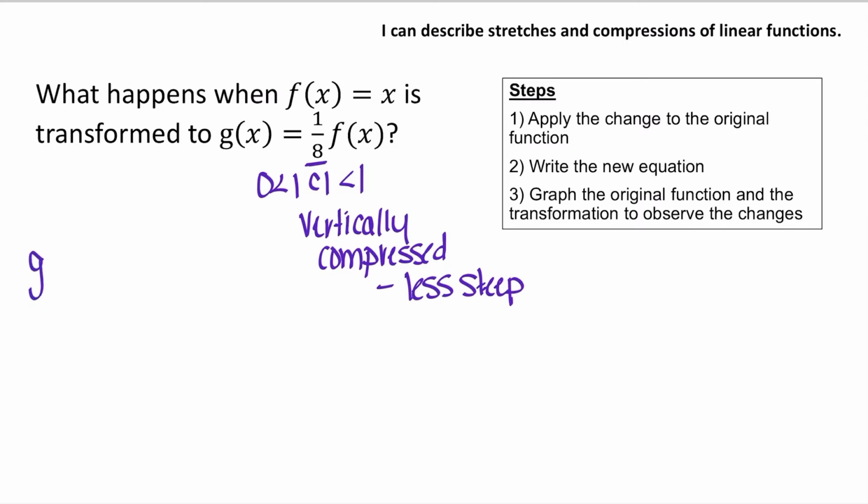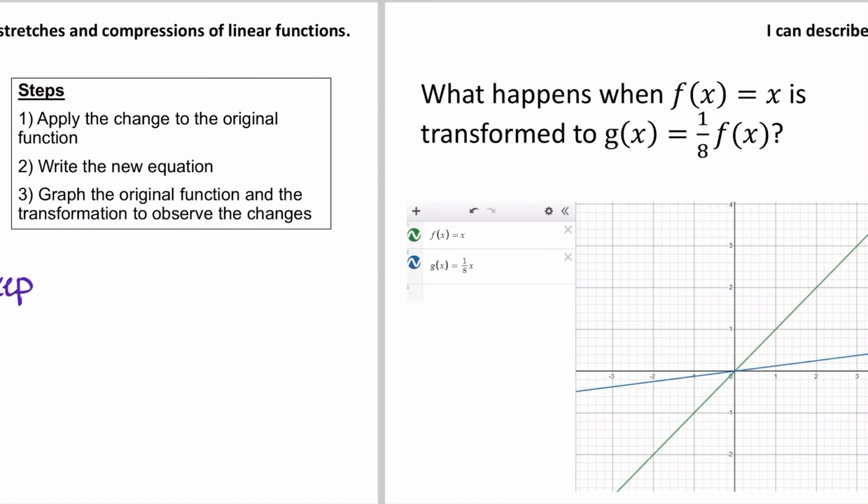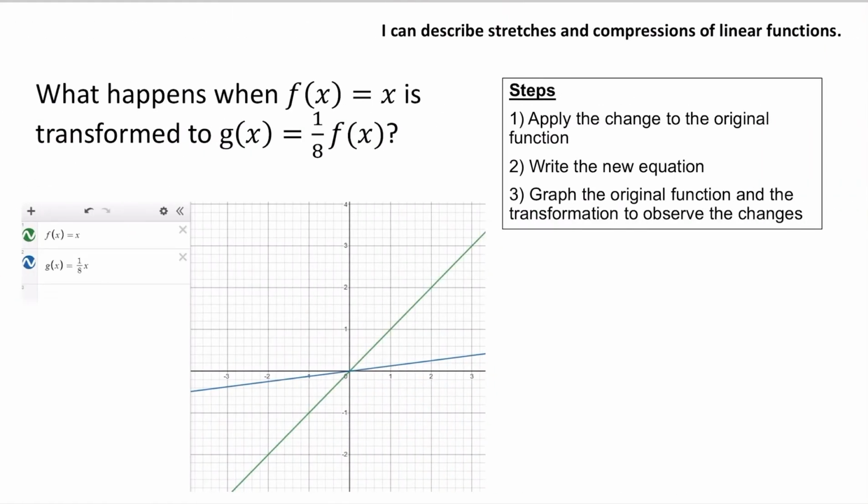When we write out the equation, we get g(x) = 1/8 times x. You can see here, 1/8 is the value of m, and in the original function, the value of m is 1. So m is smaller, so that is why the graph is less steep. If we compare the two graphs, in green we have f(x) = x, and the graph of g(x) in blue is in fact less steep.